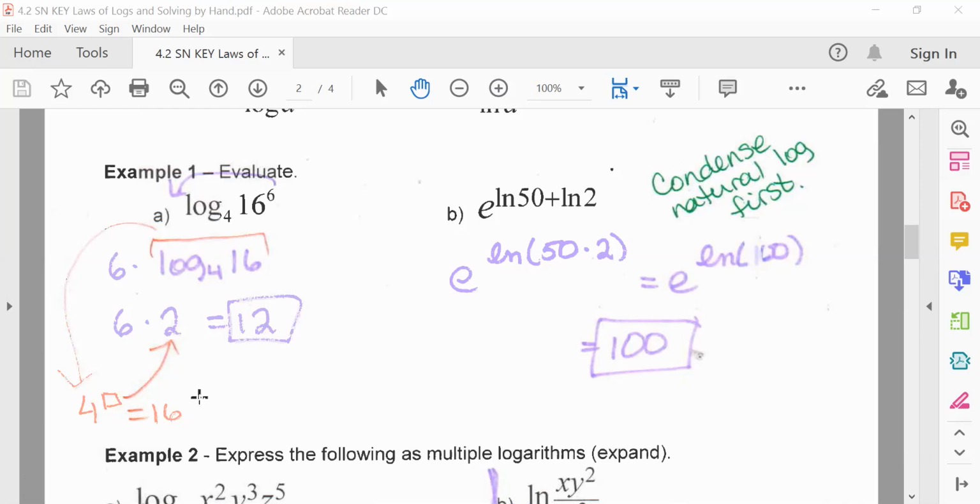Convert that into its other form. Log base 4 of 16 would be 4 to some power equals 16. Well, 4 to what power is 16? 2. So log base 4 of 16 is equal to 2. We had the 6 that was the power that came out as a coefficient, and 6 times 2 is 12. So log base 4 of 16 to the power of 6 is 12.